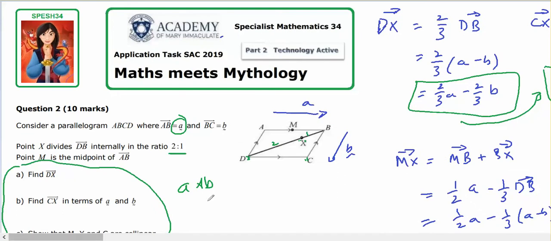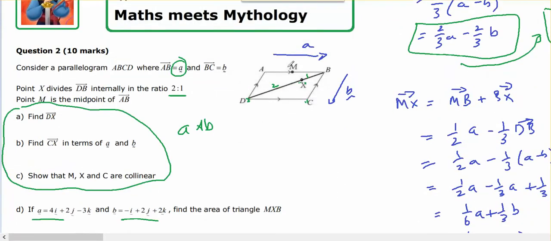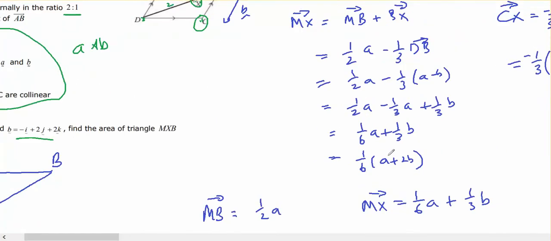And if I'm going to show that they are collinear, that is M, X and C are collinear, I've got an expression for MX. I have an expression for CX.